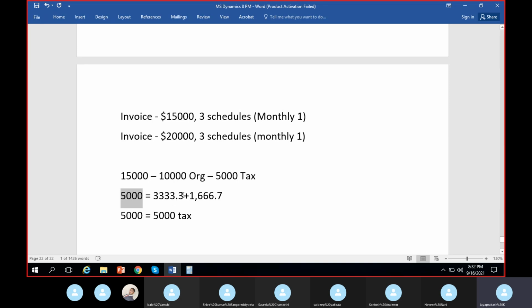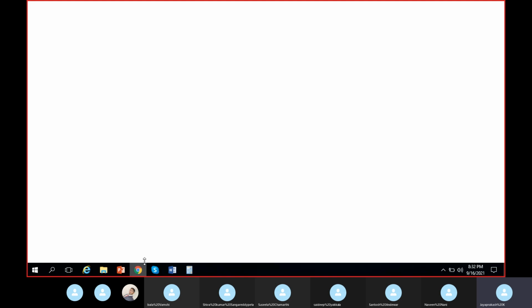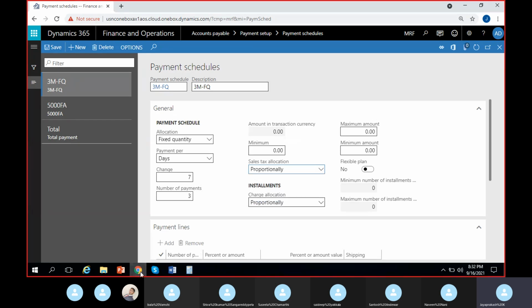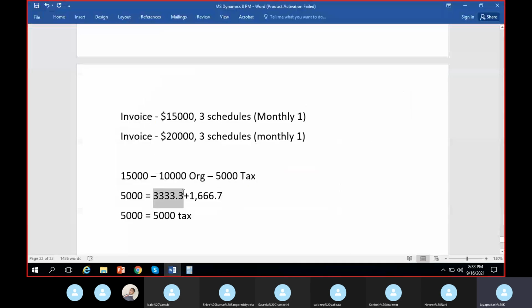Normally the system won't divide all this, but just for understanding, to have a kind of agreement that of the 5,000 that I have paid in the first installment, some of the amount will be for the original amount and the remaining amount is for the tax amount. So if I say proportionally, tax will be deducted proportionally in every installment.